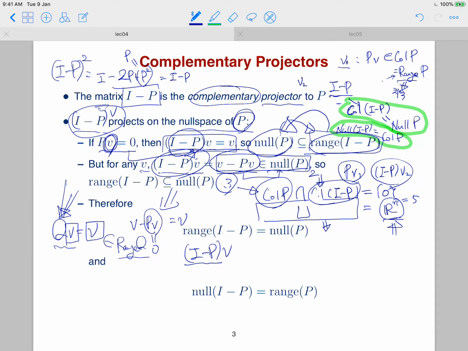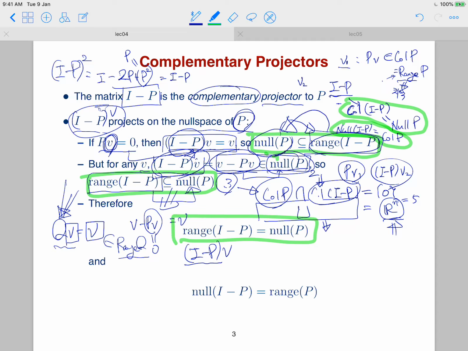Okay, so we already know that I minus P times V belongs to the null space of P, right? So that way we proved that the range of I minus P is contained in the null space of P. So we obtained this direction and the other direction, and thus these two spaces are exactly the same.